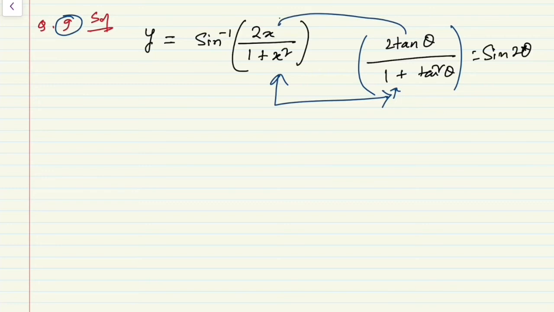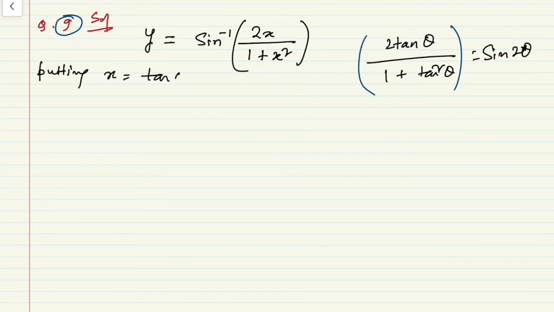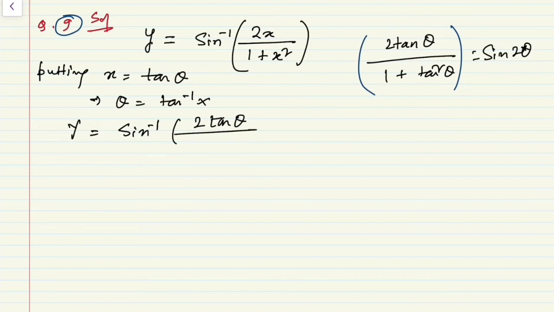Instead of tan theta there is x, so that's why we can substitute tan theta in the place of x. So putting x is equal to tan theta, which implies theta is equal to tan inverse of x, and doing so we will get y is equal to sine inverse of 2 tan theta by 1 plus tan square theta, which is equal to sine inverse of sine twice theta, that's equal to twice theta.